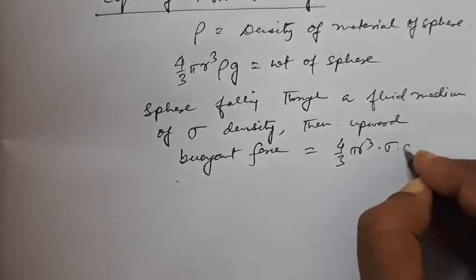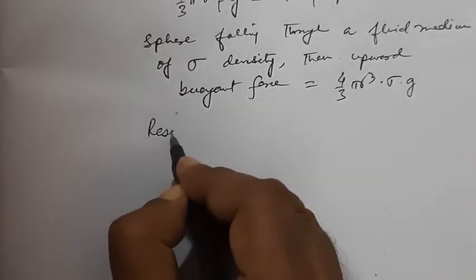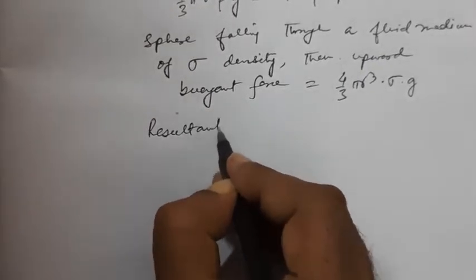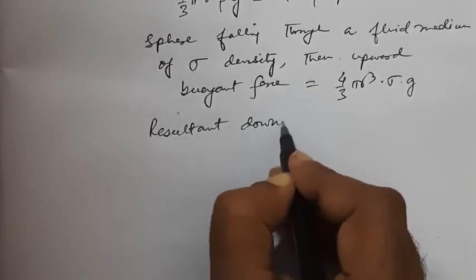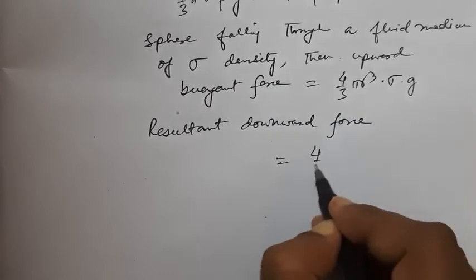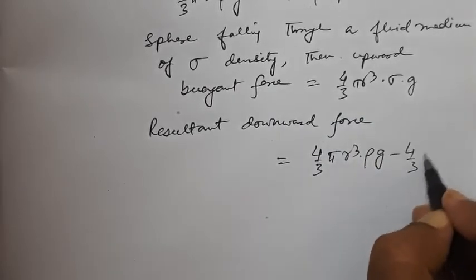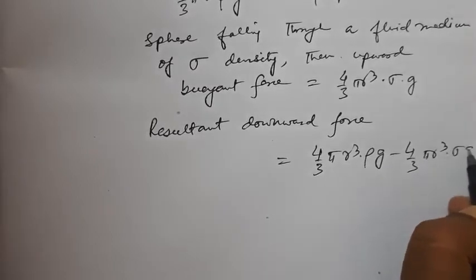So the resultant downward force was 4/3 pi r cube rho g minus 4/3 pi r cube sigma g.